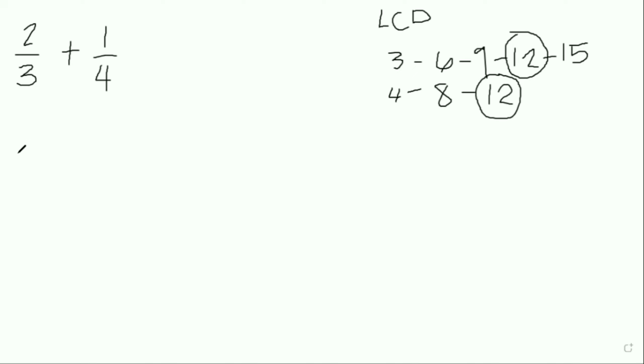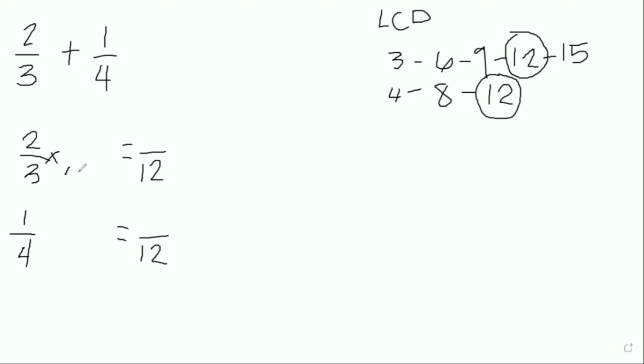After finding the LCD, i-rewrite natin yung ating given, yung dalawang fractions, sa baba. And then i-equate natin or itatapat natin yung LCD sa fractions. Itatapat natin yung 12 sa 3, and then yung 12 dito sa 4. Ano yung pwede nating i-multiply sa 3 na ang magiging sagot niya ay 12?